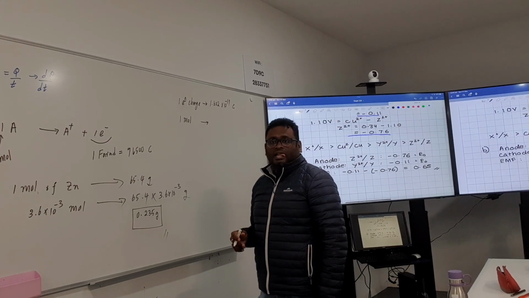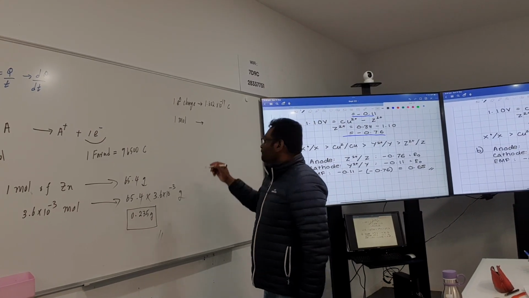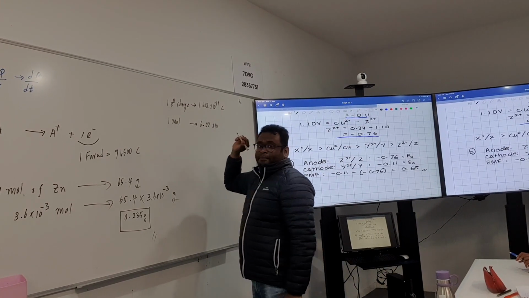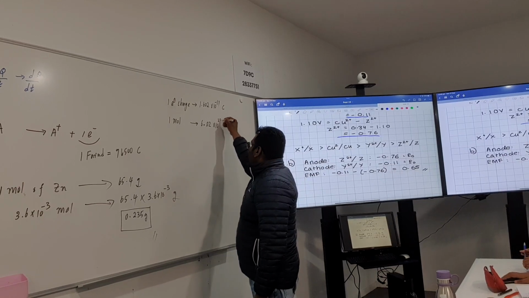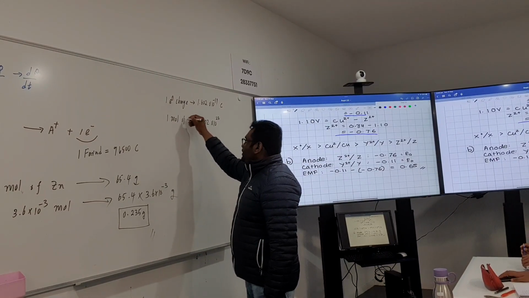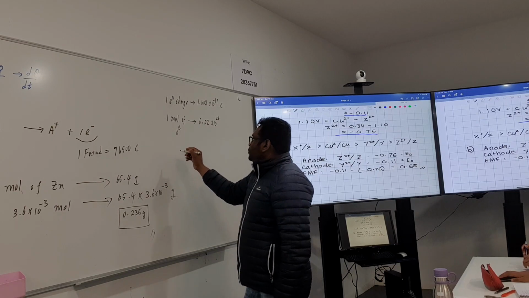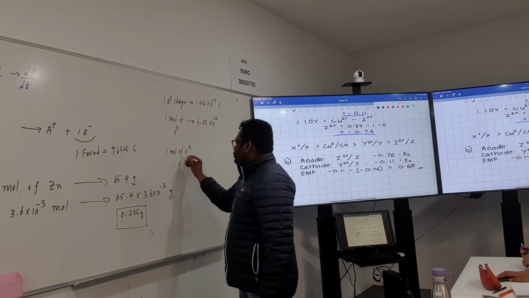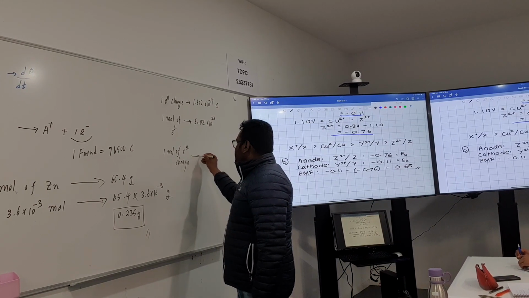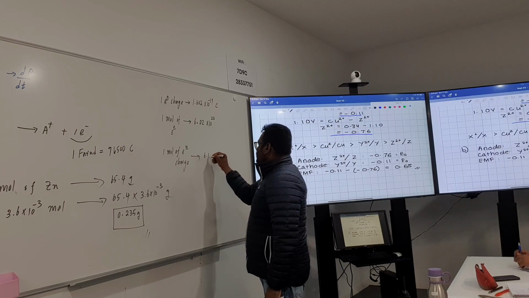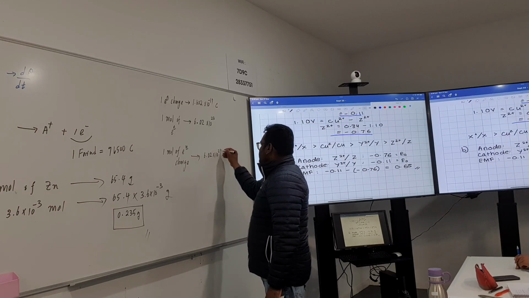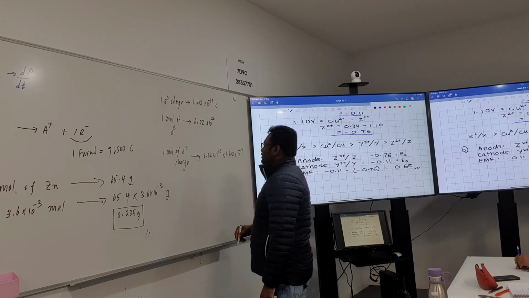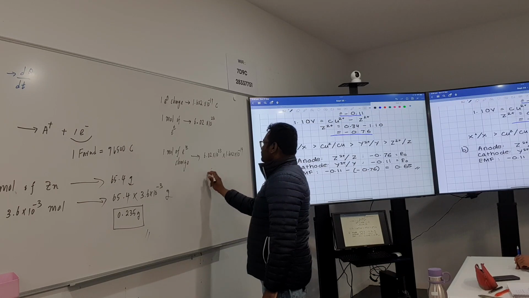What is Avogadro's number? 6.02 times 10 to the power 23. So for 1 mole of electron charge, how much is that? That would be 6.02 times 10 to the power 23 multiplied with 1.602 times 10 to the power minus 19. So what is this value?